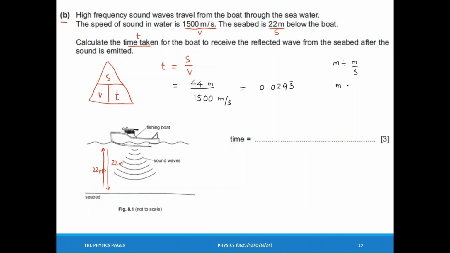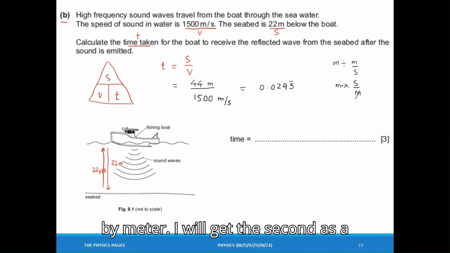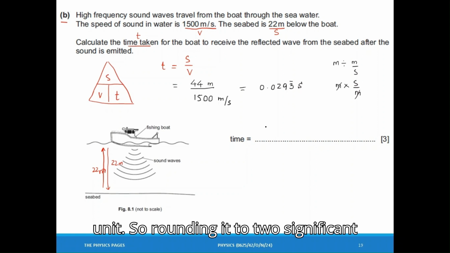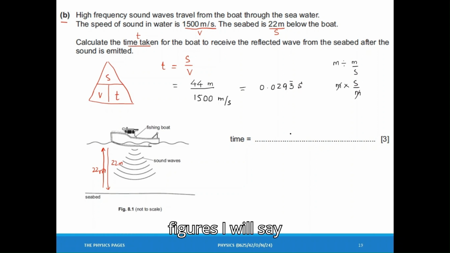We are keeping m, changing the sign of division into multiplication, and flipping meters per second into seconds over meters. Meters cancel by meters. We get the second as a unit. So rounding the answer to two significant figures, we have 0.029 seconds as our required answer.